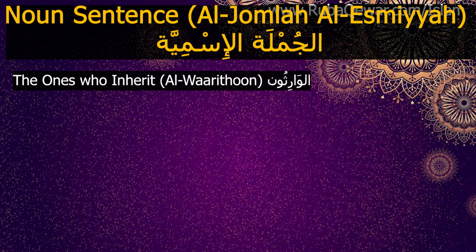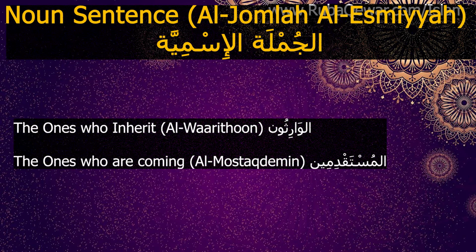It started clicking. So now if you read the Quran, even if you don't know the meaning of the word, you know, okay, this is masculine, this is plural, but I just need to know the meaning. Al-warithun means the ones that inherit. Al-mustaqdimin means the ones that are coming.